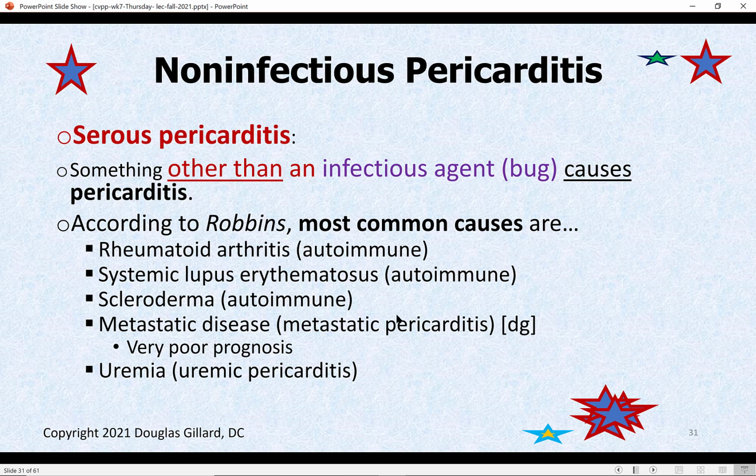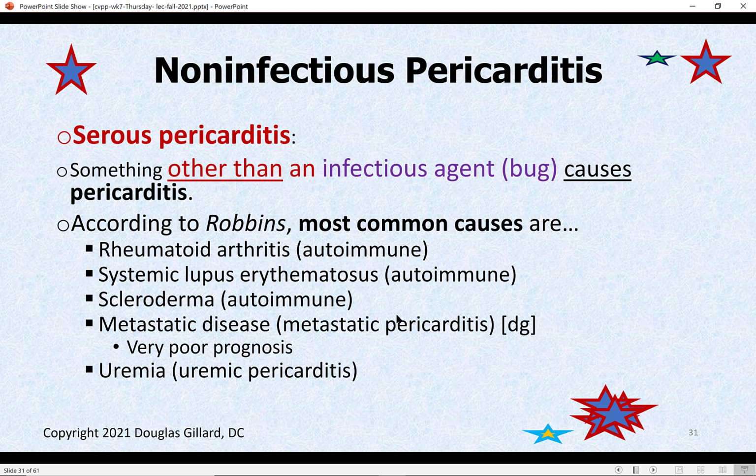The one that's a little weird is this non-infectious pericarditis. So what in the world can that be about? So it's any other cause. If it's not a bug, you have non-infectious pericarditis. The classic examples, according to Robbins, are some autoimmune diseases. So rheumatoid arthritis, SLE, systemic lupus erythematosus, scleroderma.